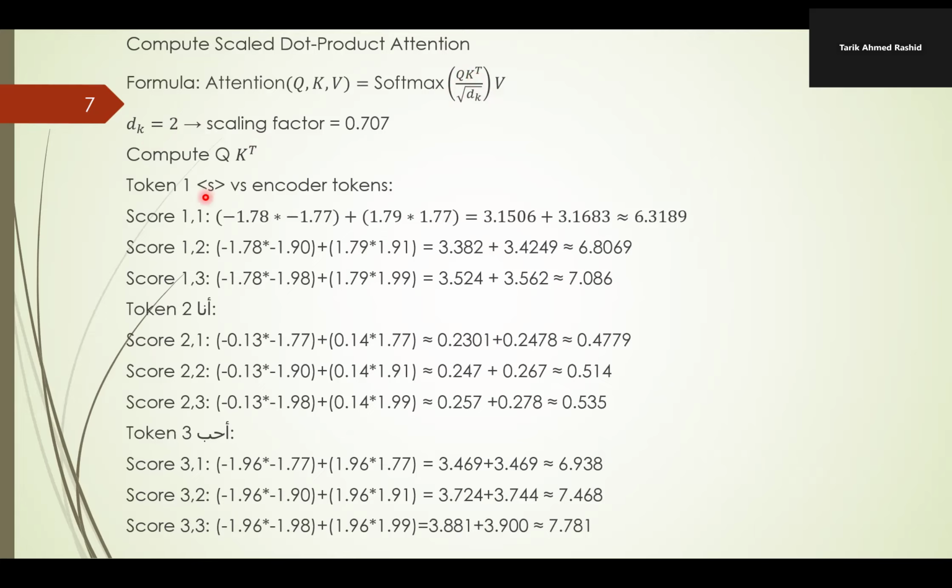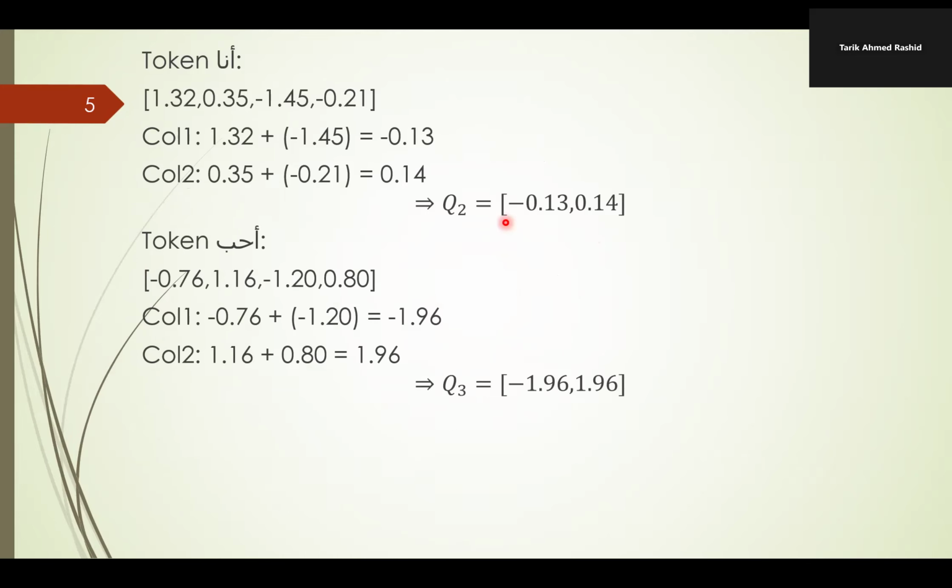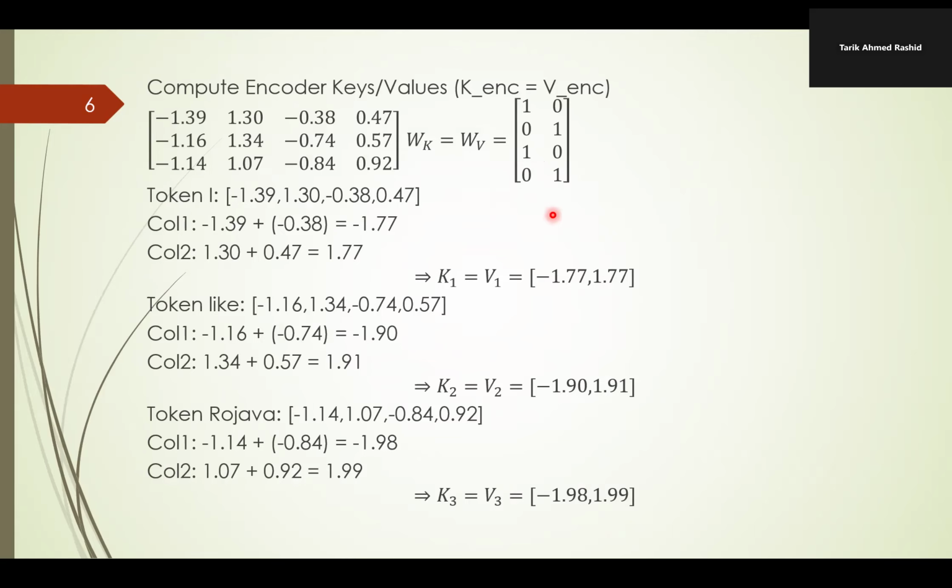Now, for token 1, start versus the encoder tokens, the Q comes from the decoder and K comes from the encoder. So start will work with I. Here we multiply Q by K. Do not forget, Q1 is this one, Q2 is this one, Q3 is this one.